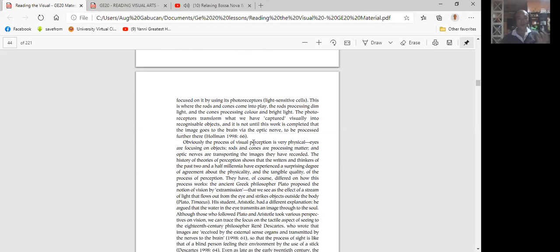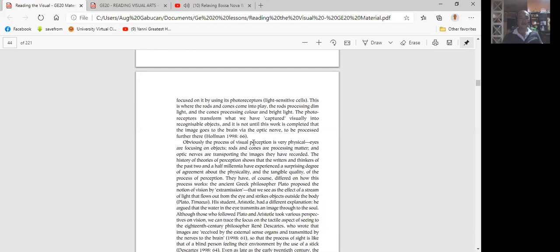So the photoreceptors transform what we have captured visually into recognizable objects. And it is not until this work is completed that the image goes to the brain via the optic nerve to be processed further there. So you see how complicated these things work.